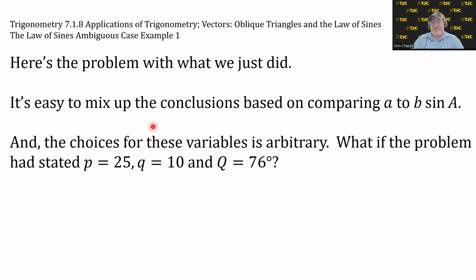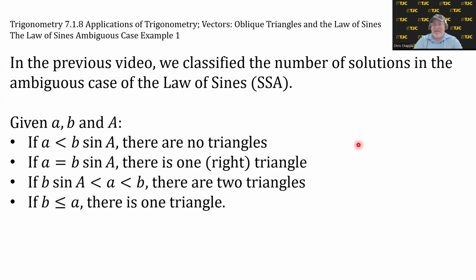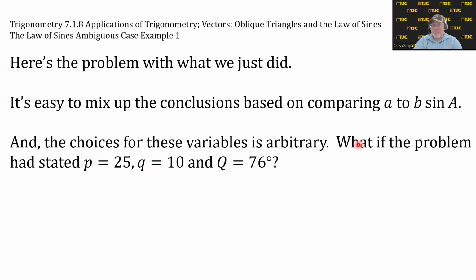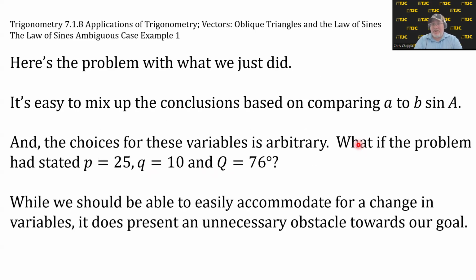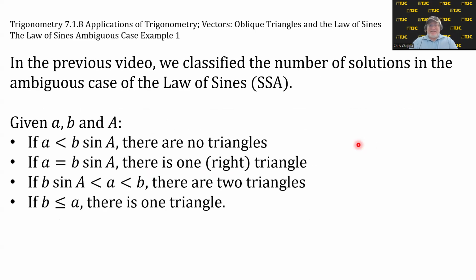What if the problem had stated that side p equals 25, side q is equal to 10, and angle Q is 76 degrees? Would you be able to easily adapt to this with a's and b's, whereas this is p's and q's? Now, maybe you can, but it presents an unnecessary obstacle towards our goal. So as correct and as complete as this is, I think it's more trouble than it's worth.